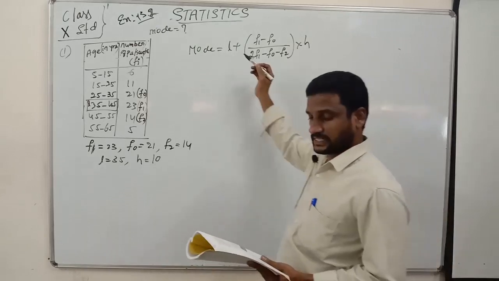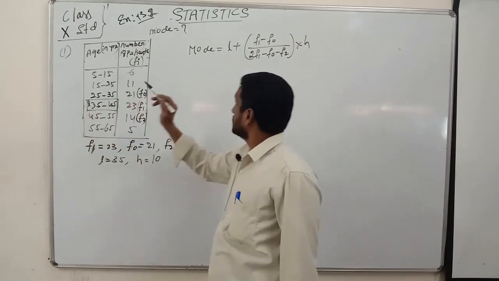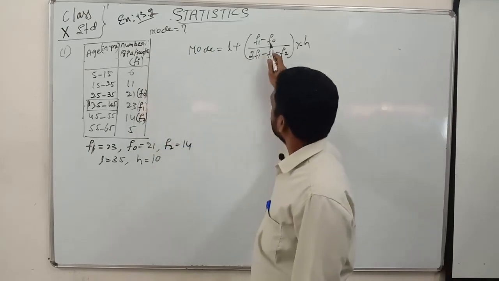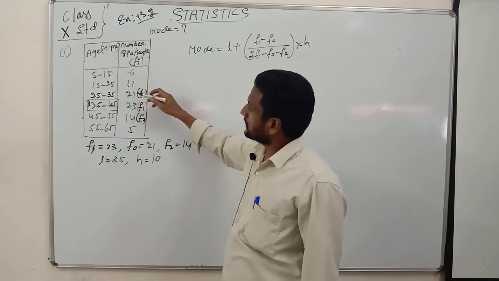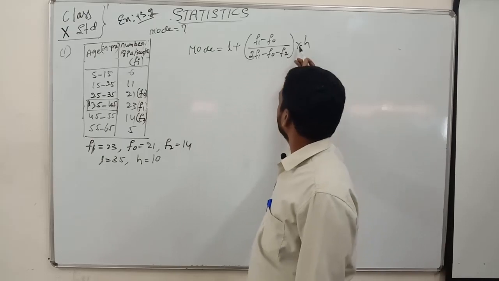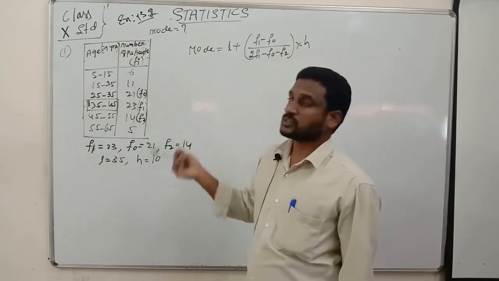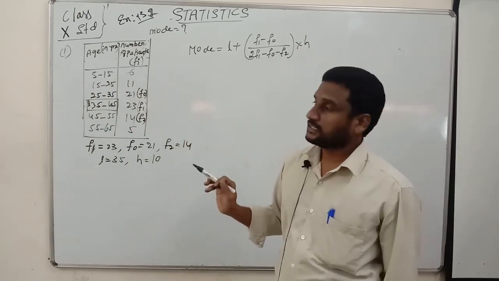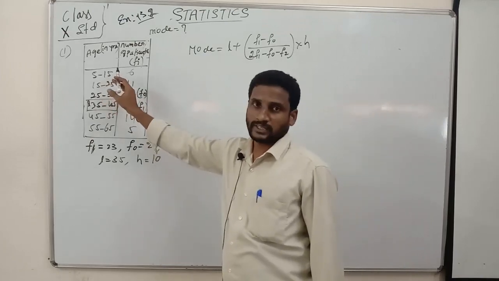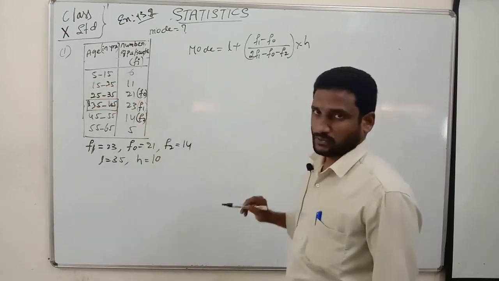L is the lower limit, already marked in the table. f1 is the highest frequency among the frequencies, that is 23. f0 is the frequency before f1. 2 times f1, minus f0, minus f2, into h, the class size or width. This is important: whether it is inclusive or exclusive, you can see it is exclusive, so leave the repeated number, don't count the upper limit 15. Count 5 to 14, which gives the h value, that is 10.